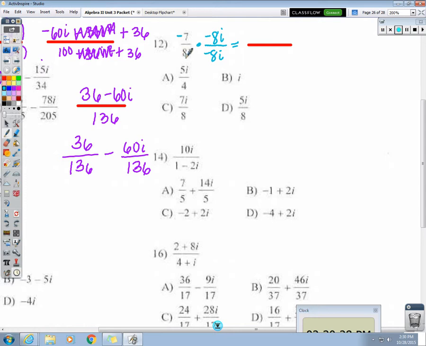So when I try to get rid of it, I have to multiply by the conjugate, which would be negative 8i. And so now, negative 7 times negative 8i is positive 56i. 8i times negative 8i is negative 64i squared. But since i squared equals a negative 1, negative 1 times negative 64 is positive 64. And then that can be reduced to what over what? 7i over 8. Okay, go ahead and try 13 by yourself.